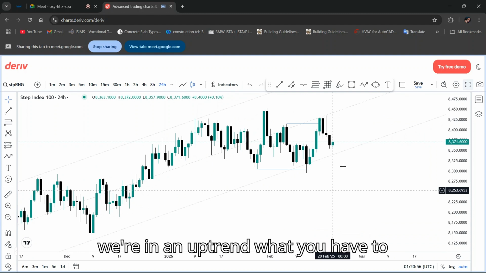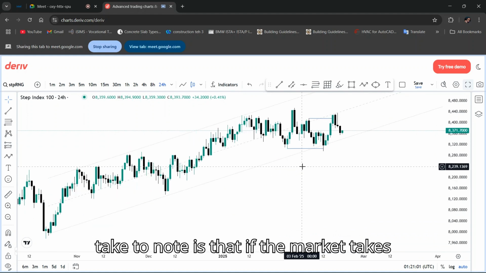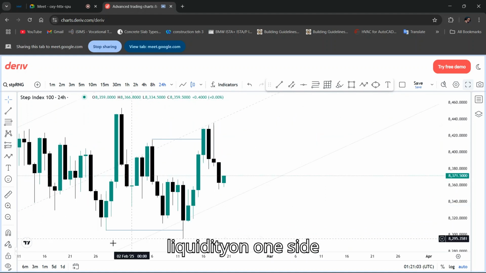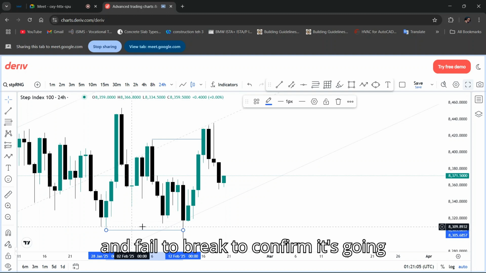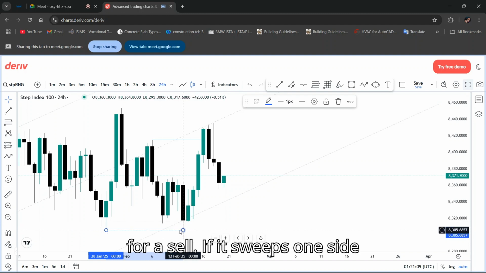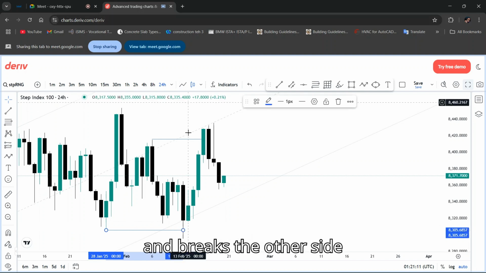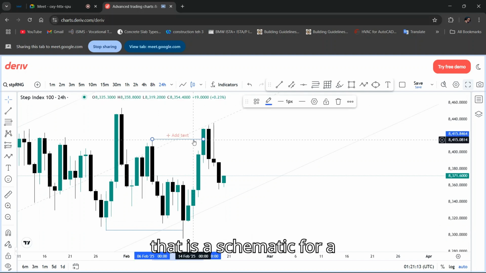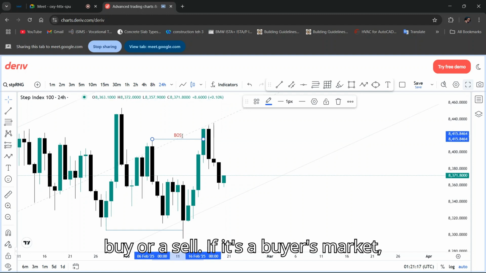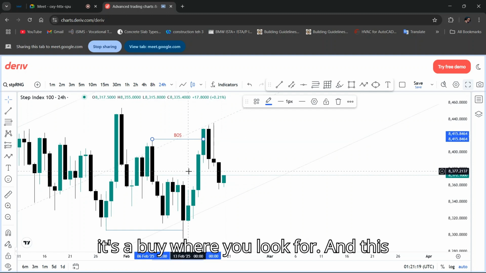So while we're in an uptrend, what you have to take note of is that if the market takes liquidity on one side and fails to break, to confirm it's going for a sell, if it sweeps one side and breaks the other side, that is a schematic for a buy or a sell. If it's a buyer's market, it's a buyer we are looking for.